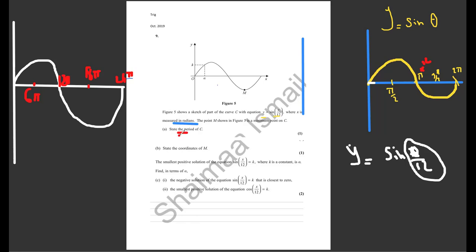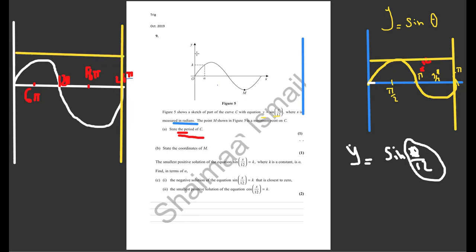State the period of C. Here is the period of C, which is normally a complete cycle. So that is the end of the cycle. This is one period. So here the end will be equal to 24 pi.